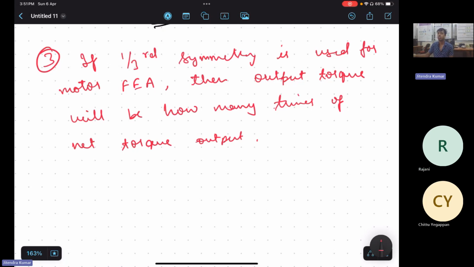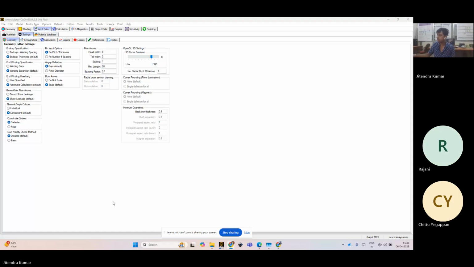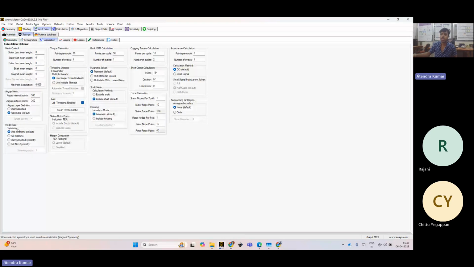I'll try to show you here. For that, I'll have to present my screen. Yes, so this is the symmetry we were talking about.